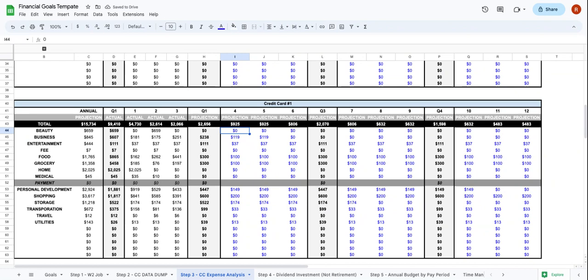It's an estimation of how much you think you're going to spend each month, based on how you've been spending, or based on what you know is coming up. In beauty, you're not planning to spend any at this moment. Maybe there'll be something, who knows? But it doesn't need to be $659.